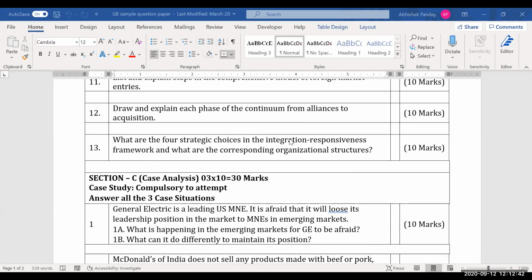So these would be these big questions where you can mention the core framework or whatever has been asked, and then you might have to also state some reasons. You might have to explain your point of view. Those kind of things will come here.